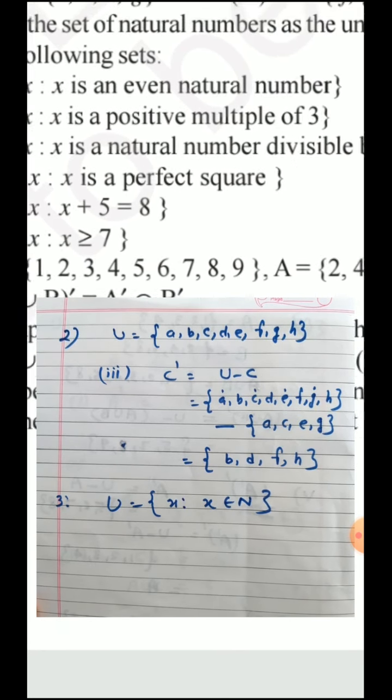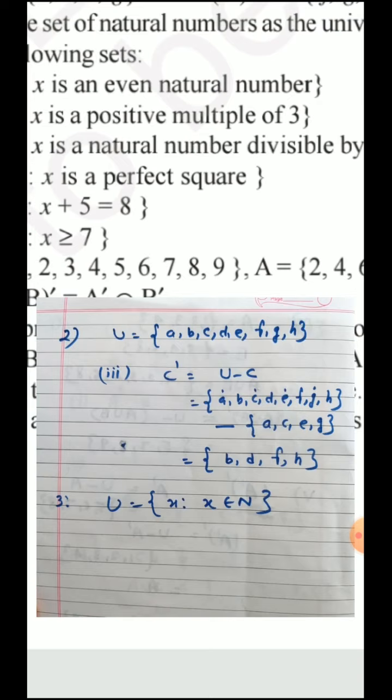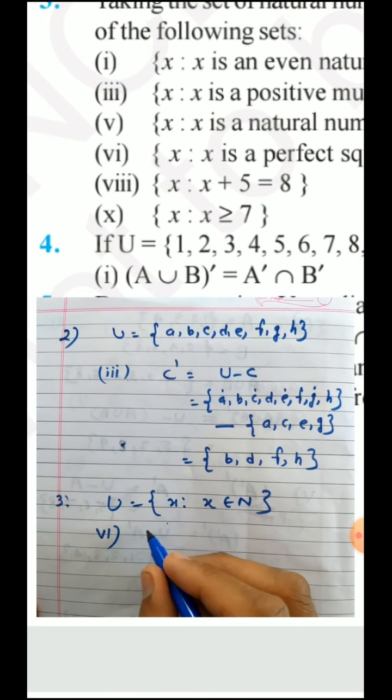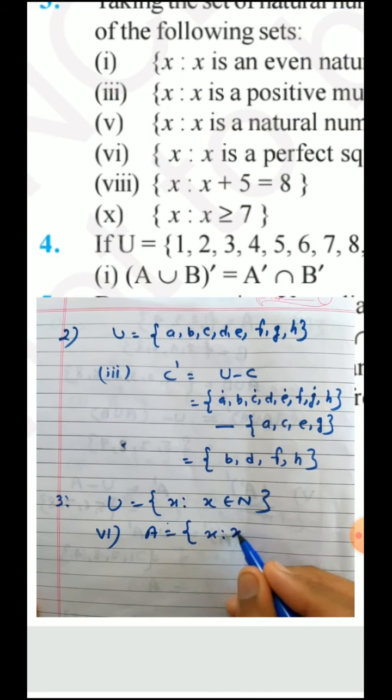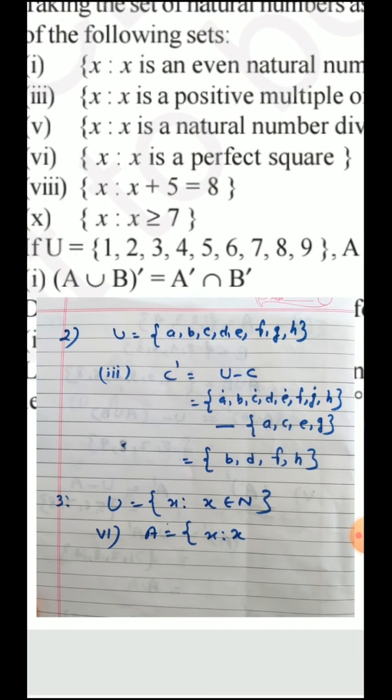Let us suppose I want to solve its sixth part. The sixth part is this: set A equals X such that X is a perfect square.